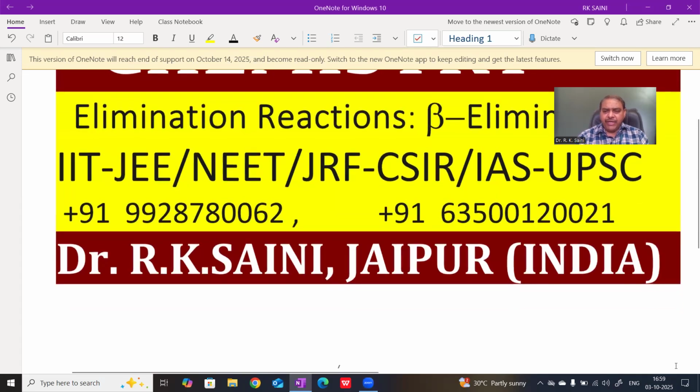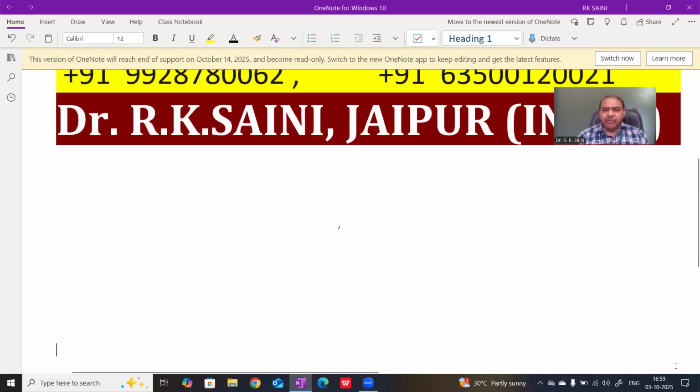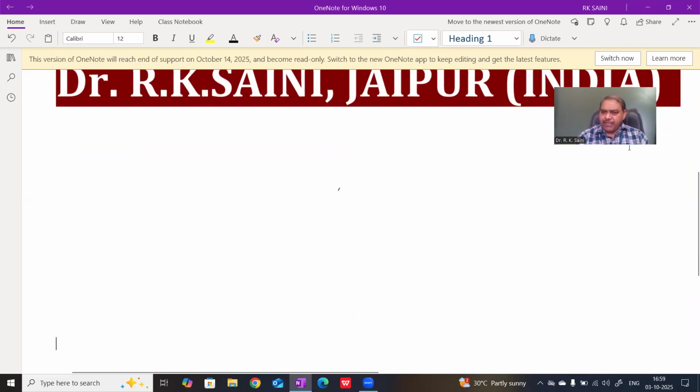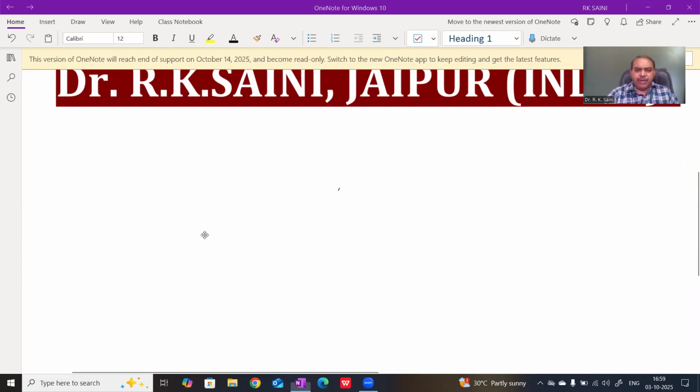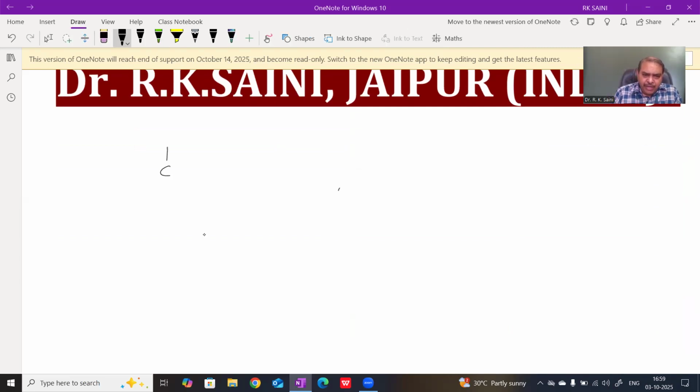For the E2 mechanism, the substrate obeys the following conditions and mechanism. If the leaving group and the beta carbon containing H plus are opposite, anti to each other, then E2 elimination takes place. It is a typical anti-elimination.